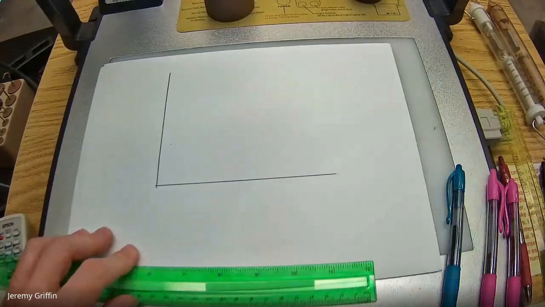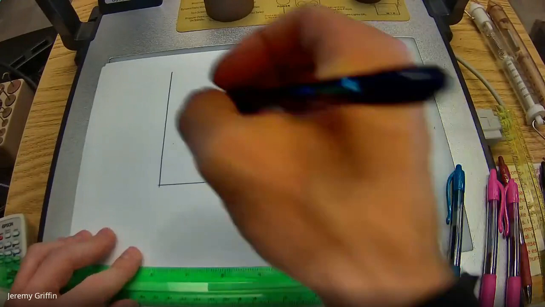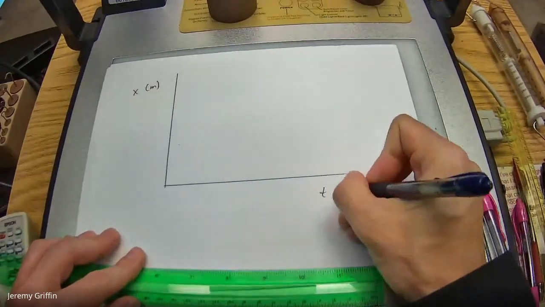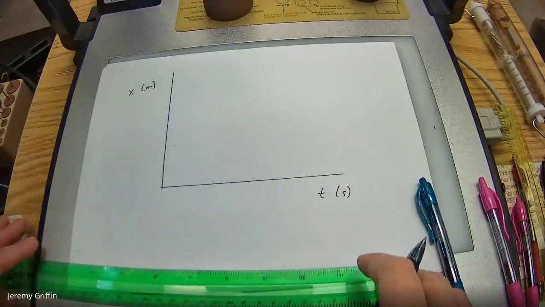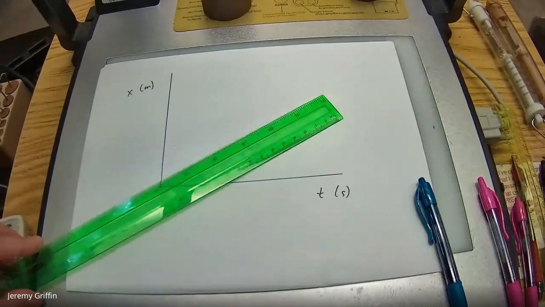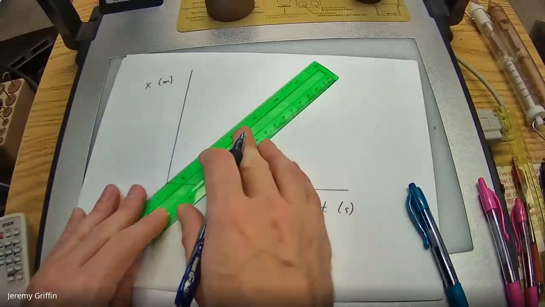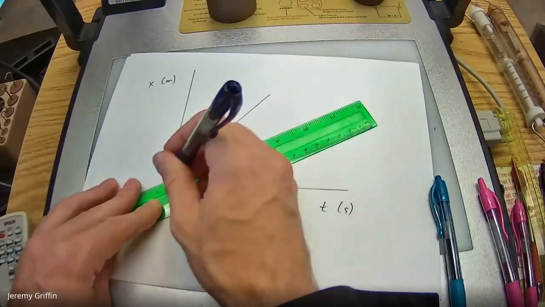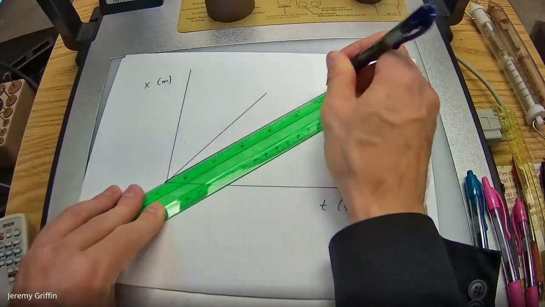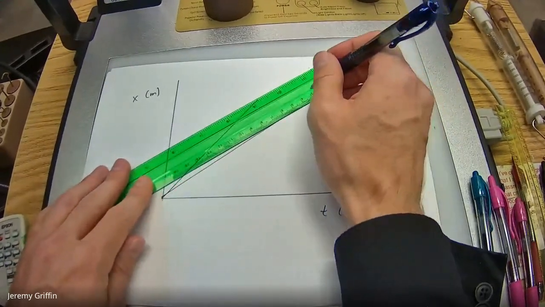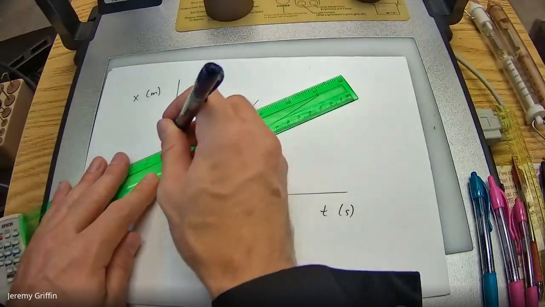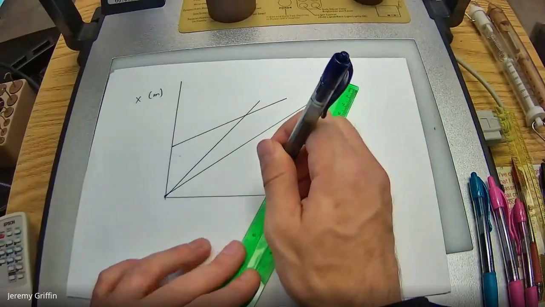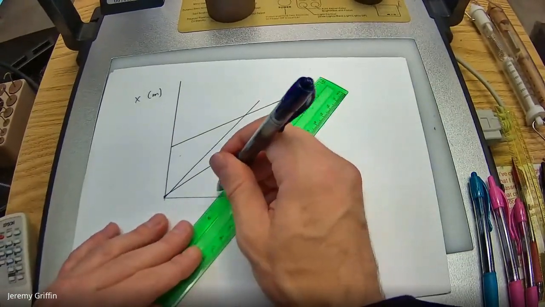Okay, so it's another position versus time graph. You've got position in meters versus time in seconds. You talk about these 4 cows that are walking back home. Okay. So there's a cow that does something like this, a cow that does something like this, a cow that does something like this, and a cow that does something like this.